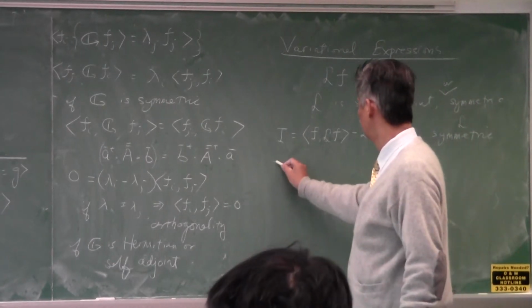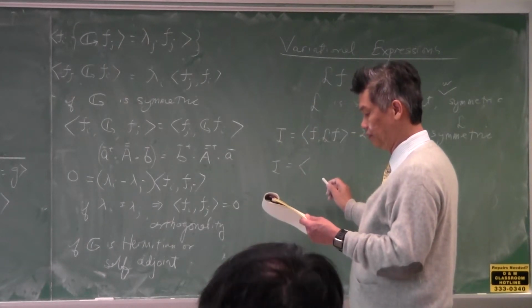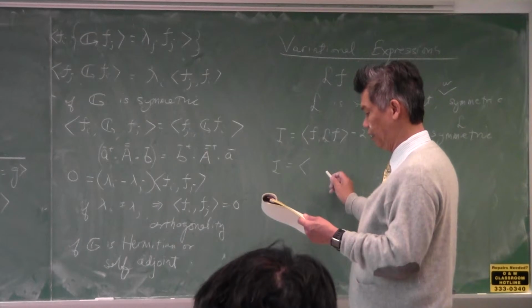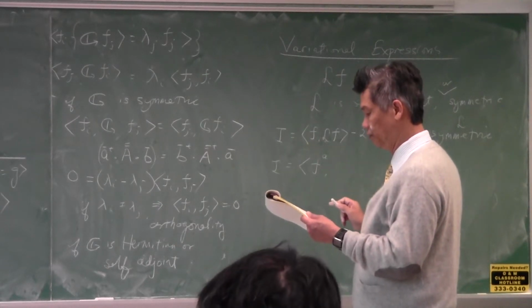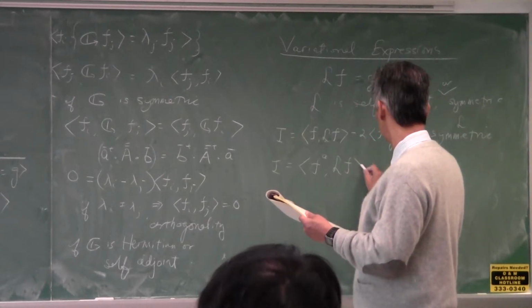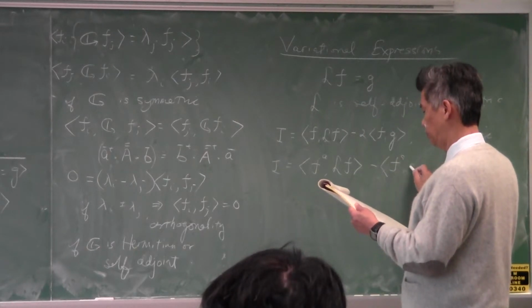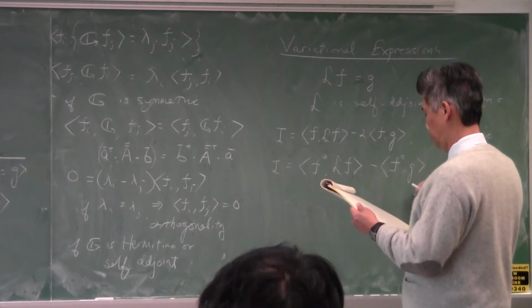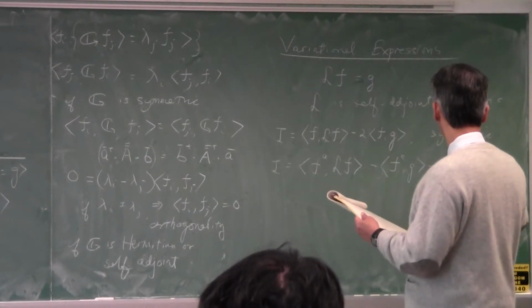And then for L that is self-adjoint, we actually have to define an adjoint part of the solution. Okay, Lf minus f adjoint g minus g adjoint f.